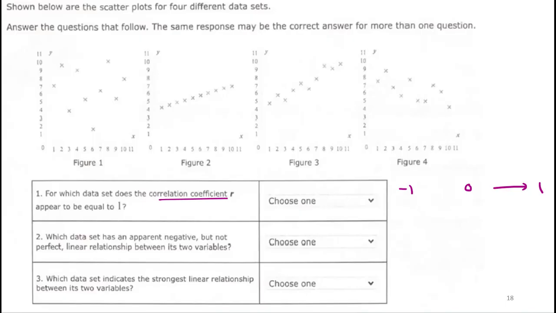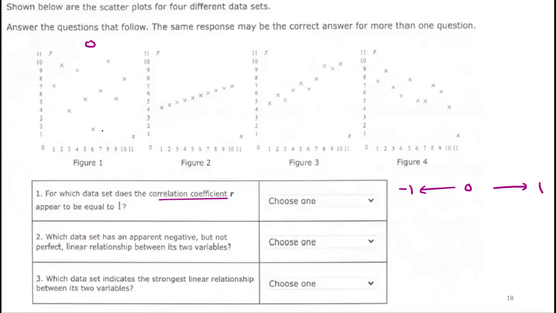If it gets closer to -1, then you have a strong negative relationship. But as you get closer to zero, that means there's no relation. For example, zero would be figure one: it's just scattered everywhere.